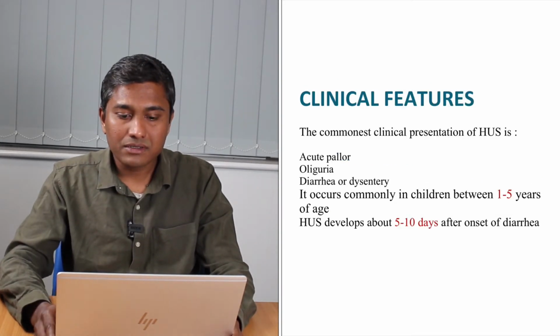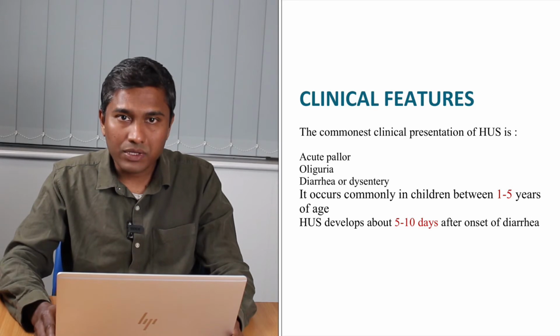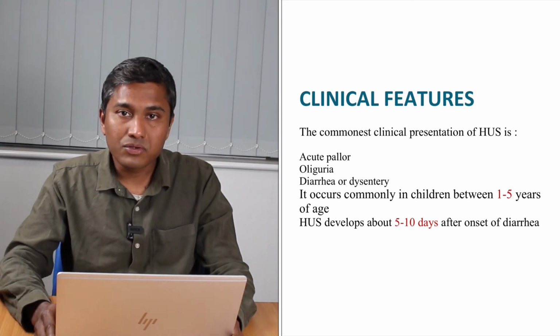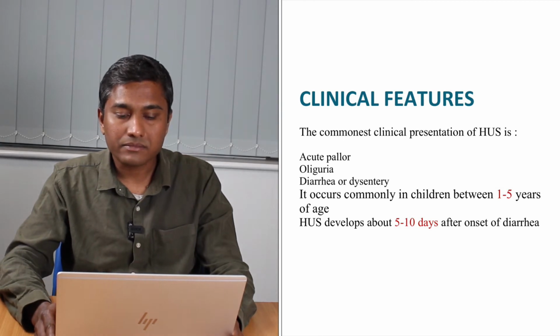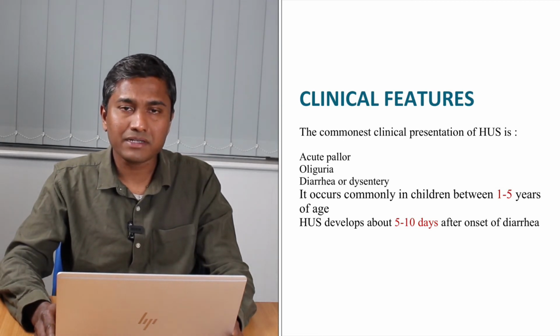Clinical features. The commonest clinical presentation of HUS is acute pallor, oliguria, diarrhea or dysentery, which is most of the times bloody. It mainly affects children between the age of 1 to 5 years.